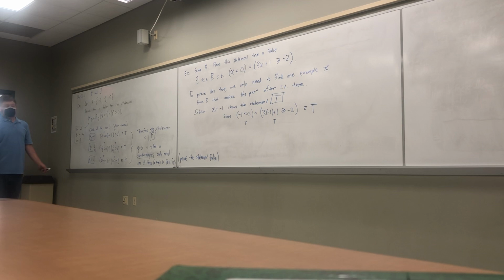As a note, you could try 0 and it wouldn't work. You could try -1/2, and I bet that one would work because you just have to do the fraction there. It's less than 0, and -3/2 + 1 gives you back just -1/2, but that's greater than or equal to -2 as well.